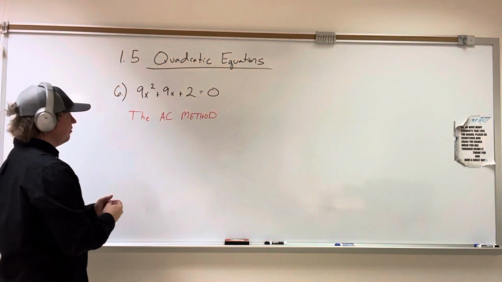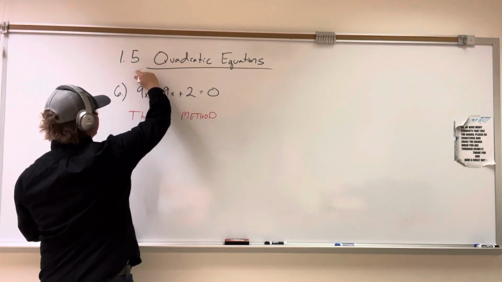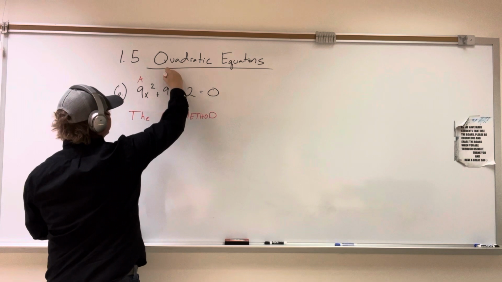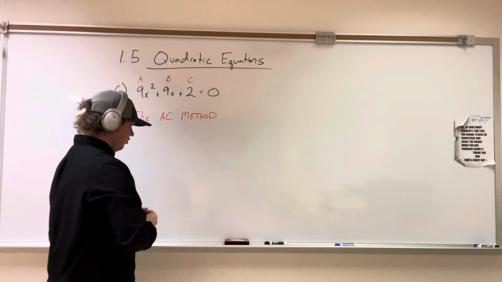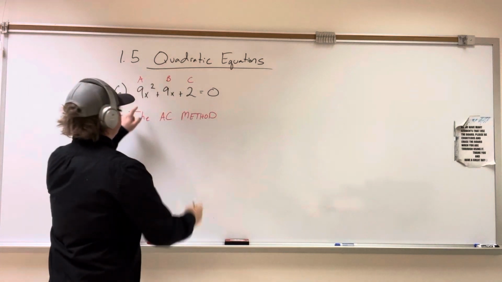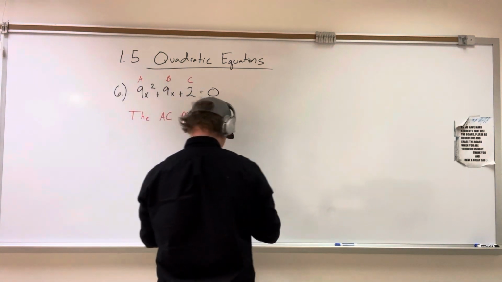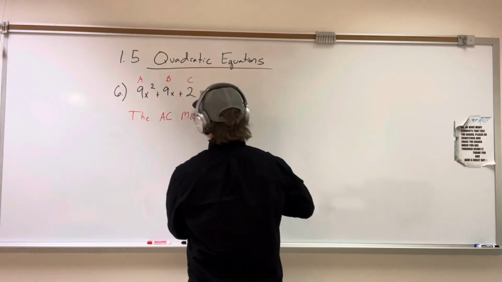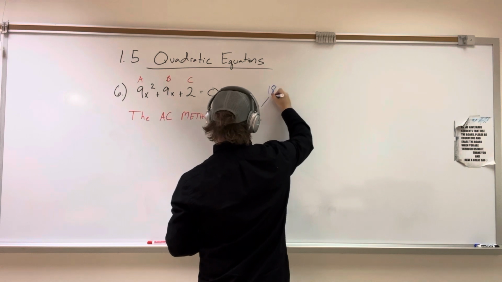The AC method. So essentially, you can have your A, B, C components of the quadratic. You take the A and C components and multiply them together. So over here on the side, I'm going to say 9 times 2 is 18.